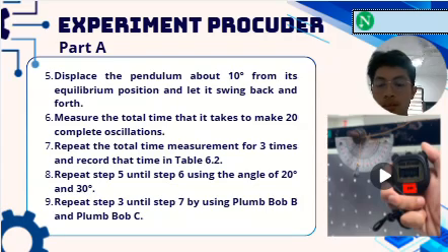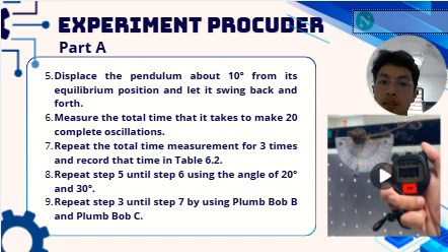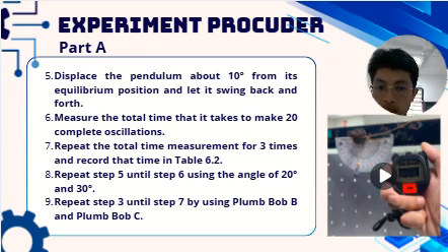For the next step, repeat the total time measurement for 3 times and record that time in table 6.2. After that, repeat step 5 until step 6 using the angles of 20 degrees and 30 degrees. After that, repeat step 3 until step 7 by using plumb bob B.